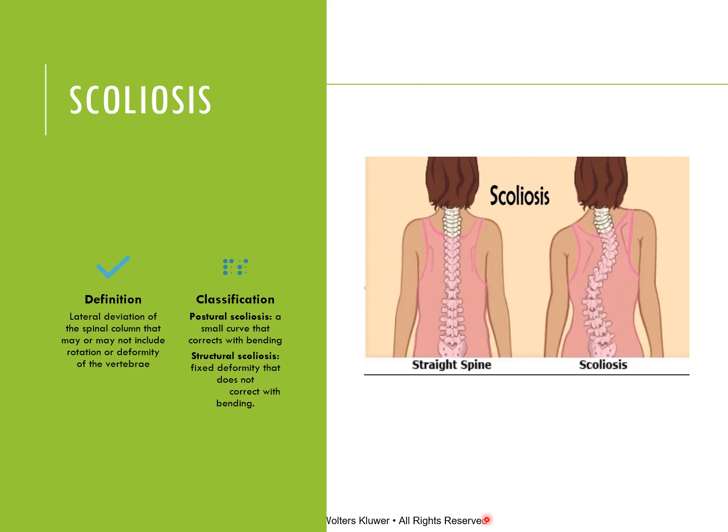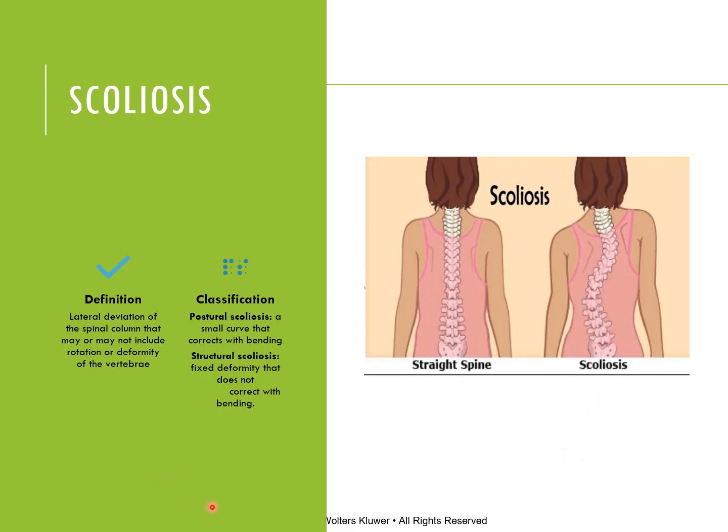Here's another common orthopedic deformity of growth, which is scoliosis. So you can see that here in a normal straight spine, and in scoliosis, we have that lateral curvature of the spine. The definition of scoliosis is lateral deviation of the spinal column that may or may not include rotation or deformity of the vertebrae themselves.